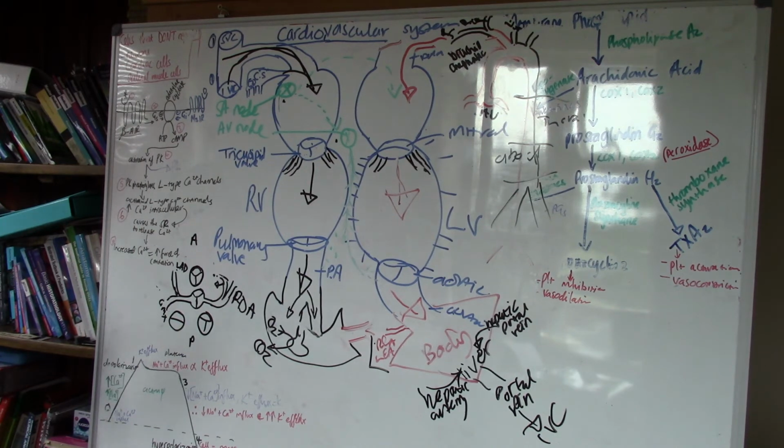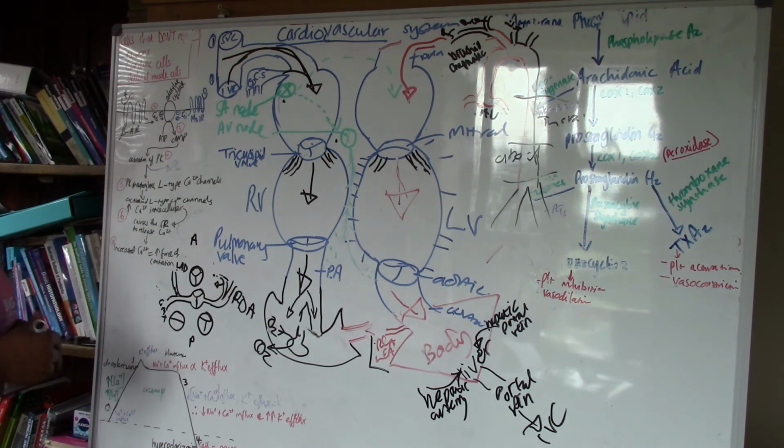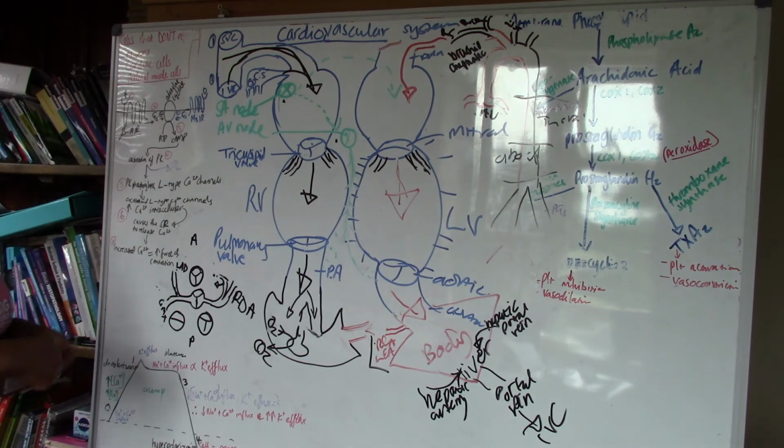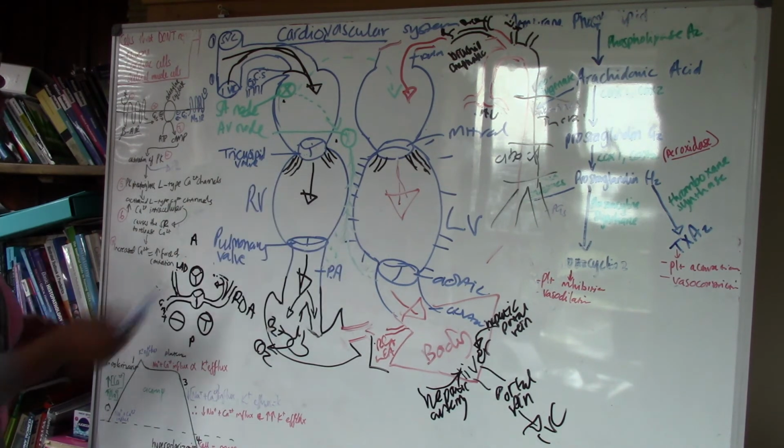But the important thing to mention about the coronary arteries is that when I do ECGs, they will become important because we'll then be looking at where a problem is. For example, I've already mentioned left and right bundle branches. We'll be looking to see where is the problem. So if we have this problem, what artery could be affected there?